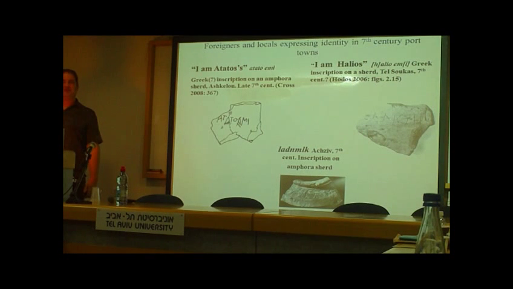"I am Atatos": who knows who is Atatos, if he is Greek, if he is Phrygian, if he is a mercenary, very likely, as Fantalkin would say, late 7th century. And not well known, unfortunately, is "Le Adonimelech," a very good Phoenician site from the unpublished storeroom in Achziv. So you have all these people actually using the alphabet in the 7th century port site to say "I am" or "this belongs to me."